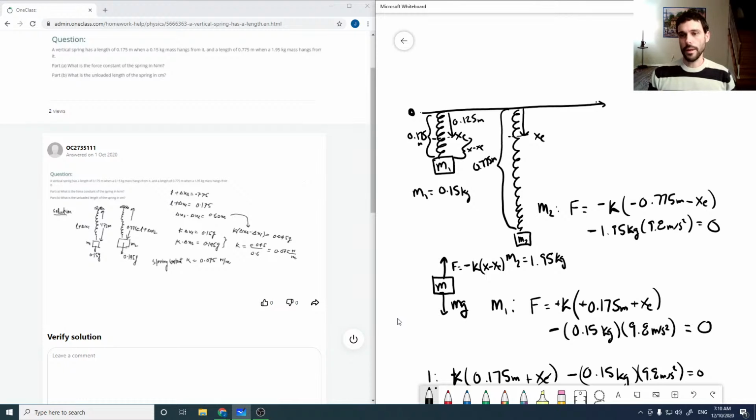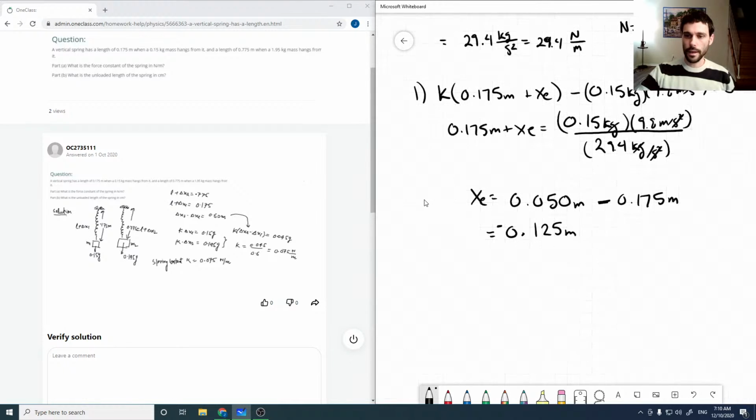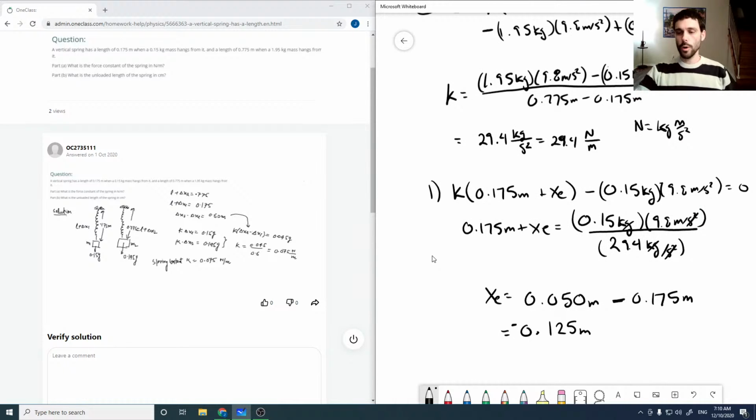And we would get the same answer regardless of which equation we used because it's the same XE. Okay, so there's our solution. The K comes out to be 29.4, and our equilibrium length is 0.125 meters. Oh, it asks for it in centimeters, so that equals negative 12.5 centimeters.